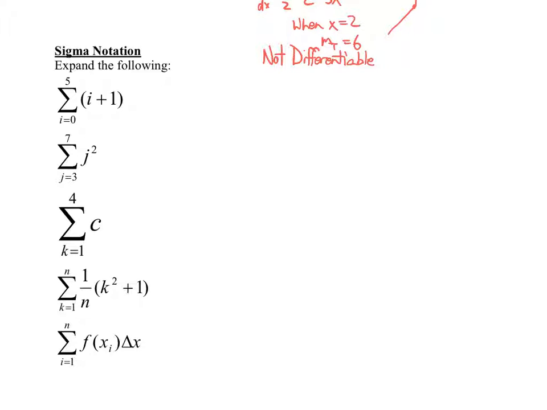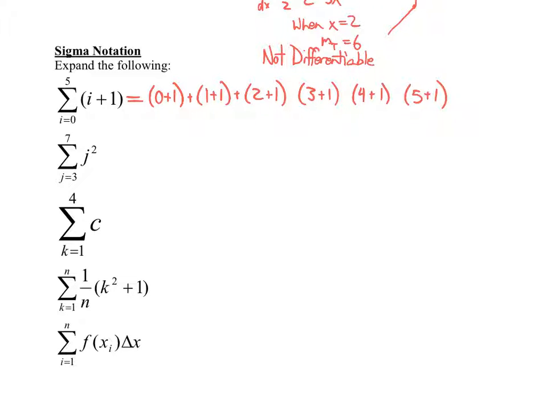All right. So when we have the sum from i equals 0 to 5 of something like i plus 1, we're simply going to take 0 and plug it in for the i, and then we take a 1 and plug it in for the i, and then a 2 and plug it in for the i, and then 3, and then 4, and when do I stop?